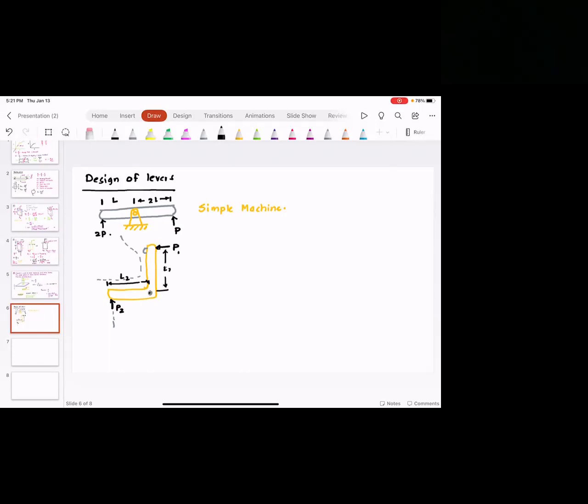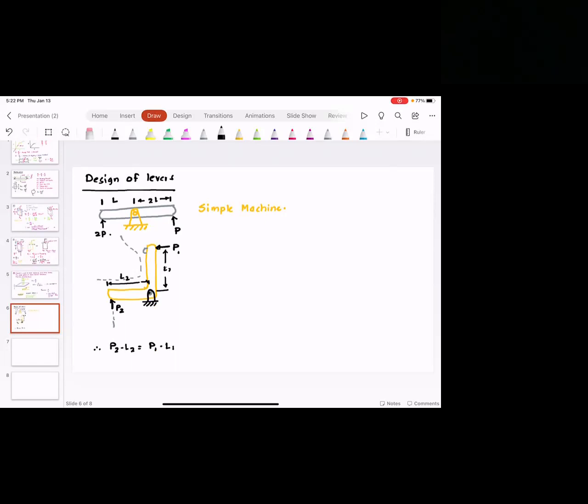And please note, you have a hinge at the center. So this is the hinge. A hinge cannot support a moment, which means the total moment at the hinge has to be 0. What that means is P2 L2 is equal to P1 L1. Everyone understood this?